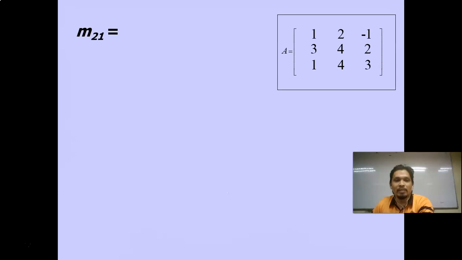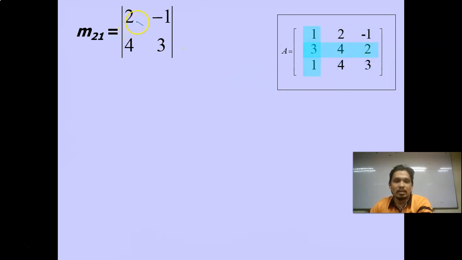Now the minor M21, deleting the second row and the first column. We can see here now it is 2, -1, 4, and 3.